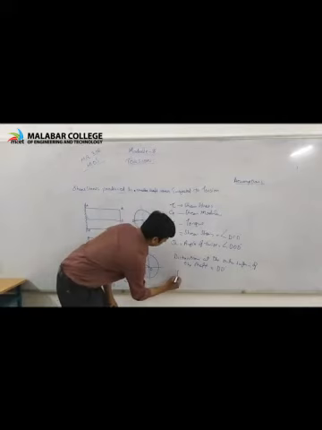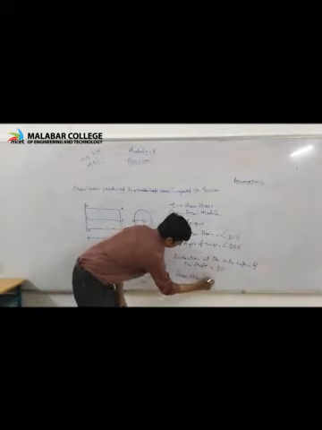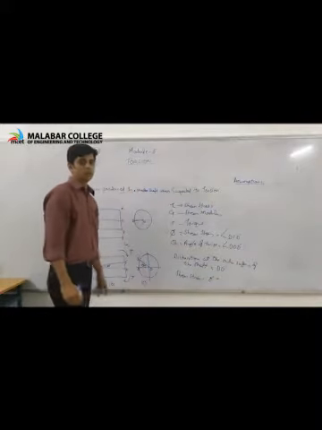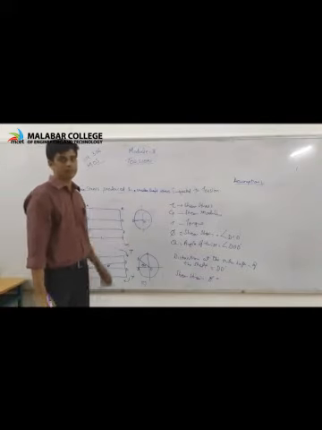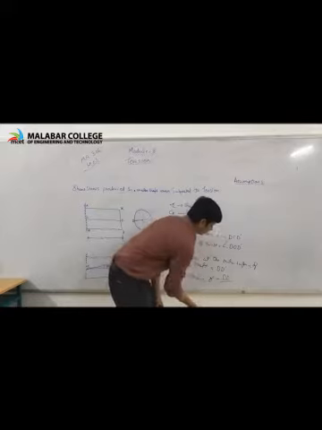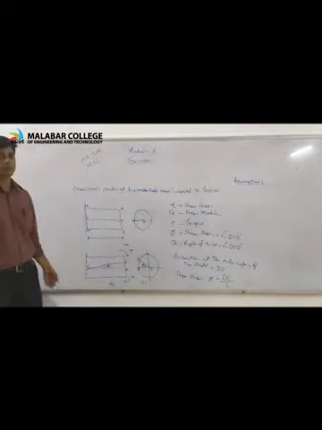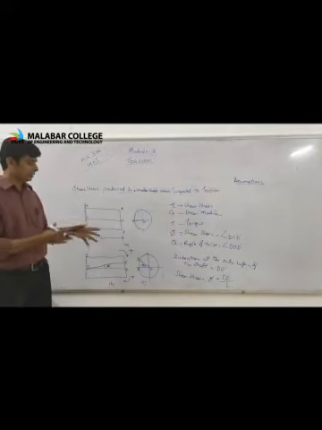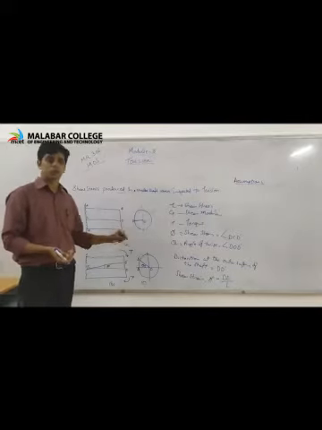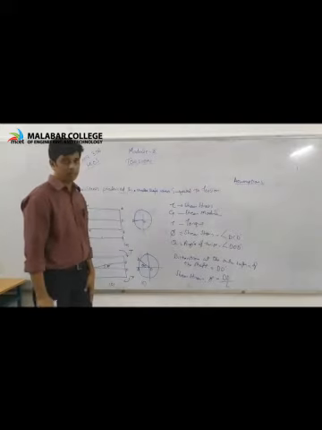Therefore, shear strain phi is equal to distortion per unit length, that is DD dash divided by L. Here the angle is tan phi, but tan phi is very small, so we take it as phi. Phi is equal to DD dash by L.